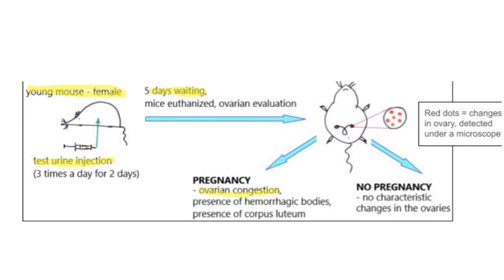If the ovary was congested, that is, there are hemorrhagic bodies because the pregnancy hormone causes an increase in vascularity, or there are yellow spots due to the corpus luteum, then the woman is pregnant. If these are not present, then the woman is not pregnant. So these red dots depict the changes in the ovary due to the increase in vascularity due to the effect of the pregnancy hormone.